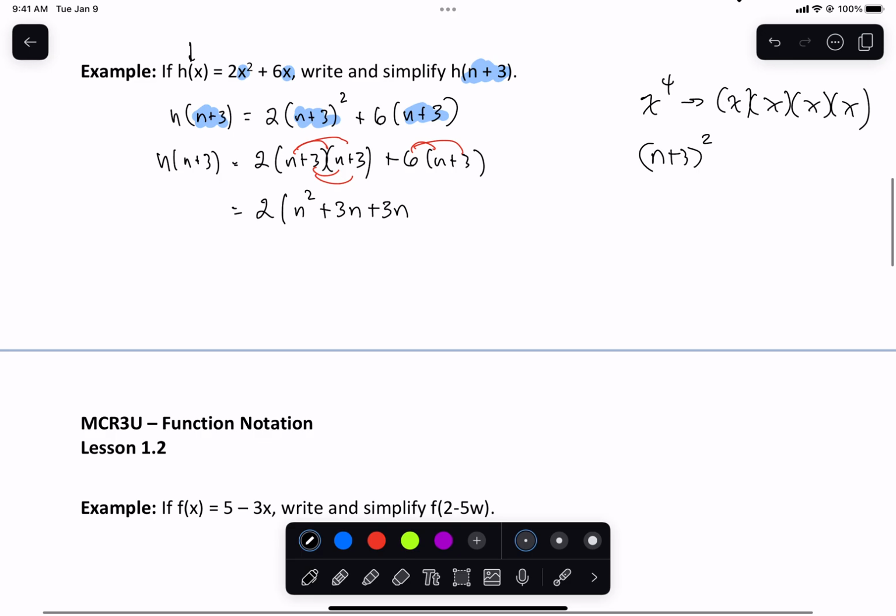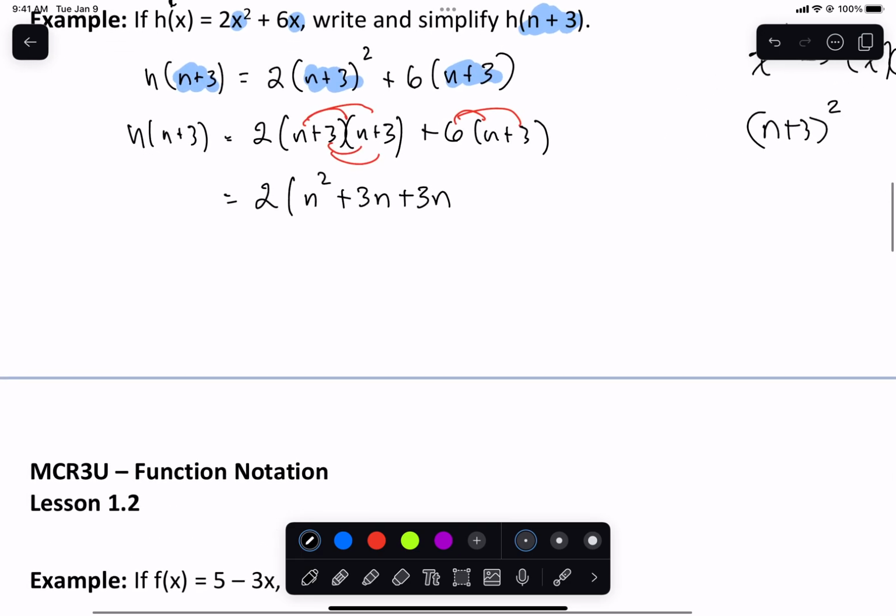I'll move it up, sorry. And then plus 9. Then we add the distribution of the 6 into that second bracket, 6n plus 18.